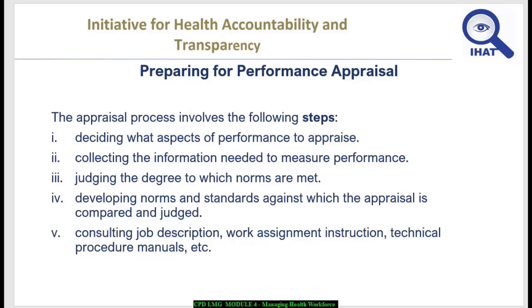We mentioned earlier that job description is an important tool for performance appraisal. Also look at work assignment instructions, technical procedure manuals, etc.